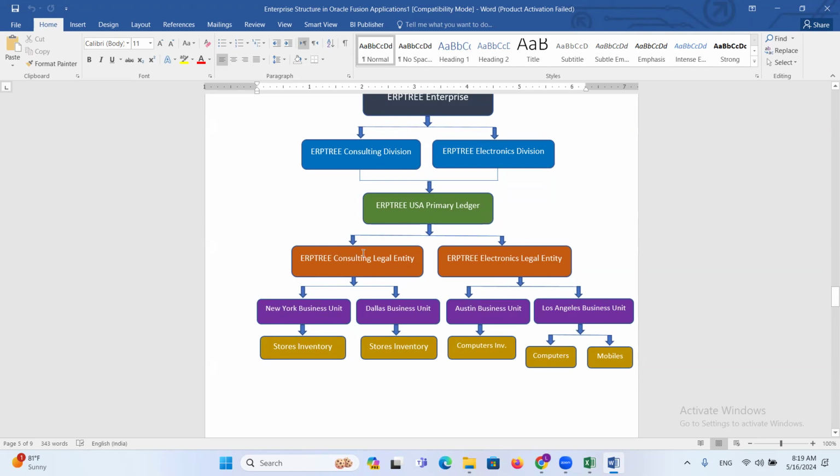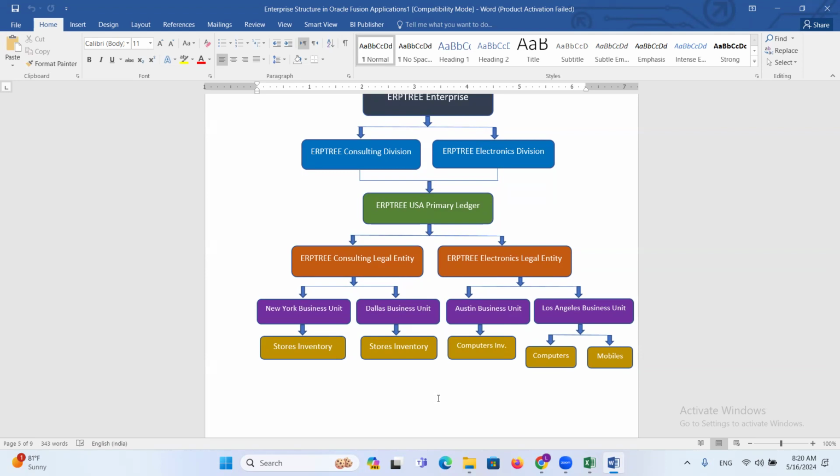Since they are into consulting business, no warehouses, no inventories. That is the reason for a stores inventory. You may not have a warehouse, but at least you'll have a store kind of arrangement in the office where you can keep your laptops or stationery.